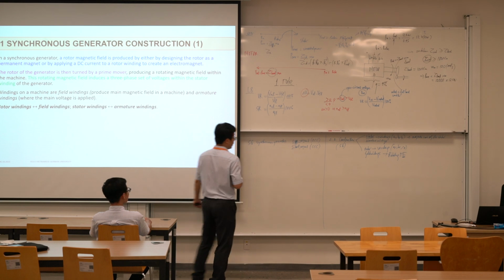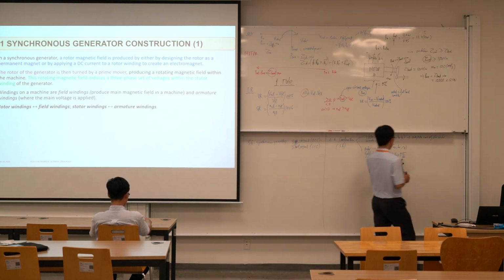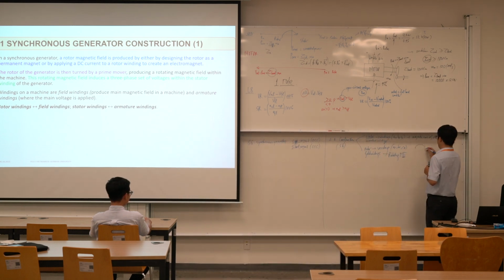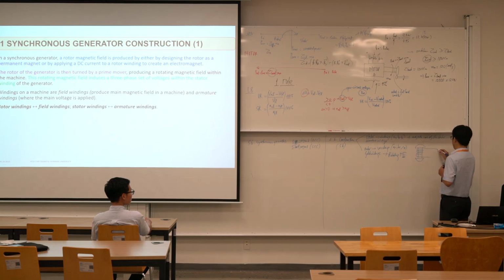How can you get the rotating magnetic field? If we have the rotor, here we have rotor winding. For synchronous generators, we need to connect DC voltage, VDC, and you get IDC. So if the rotor rotates with omega M, you get a rotating magnetic field.